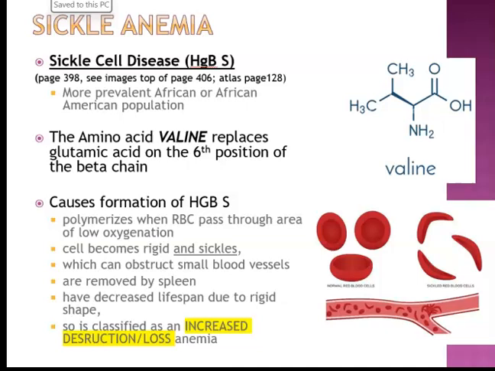Also, the spleen wants to remove those sickled red blood cells because they're not normal. So a lot of times they're taken out by the spleen. Also, the sickled red blood cells have a decreased lifespan due to their rigid shape. So sickle cell anemia is classified as an increased destruction or loss anemia because a lot of times those red blood cells are taken out by the spleen because of their abnormal shape.